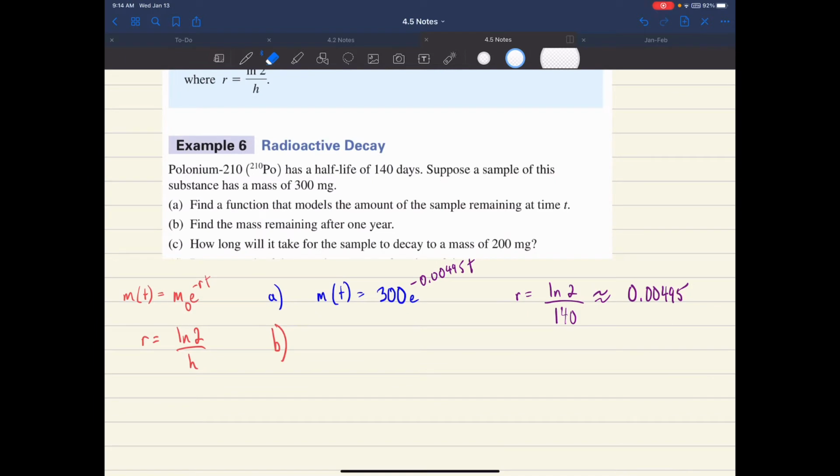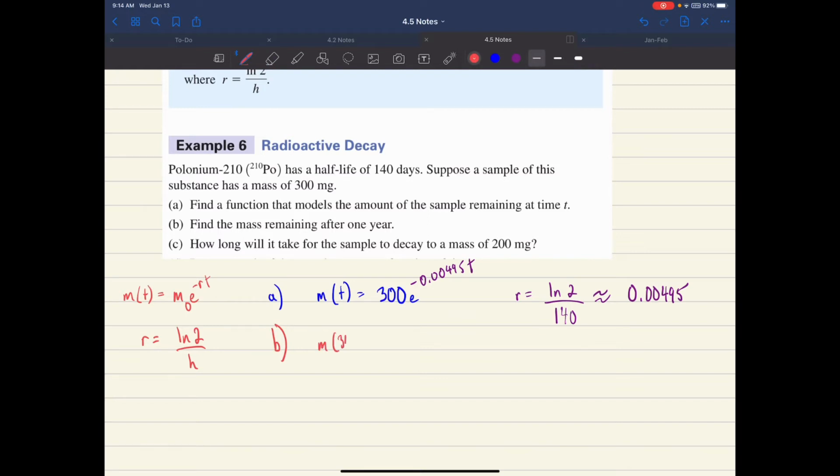For the B part, it says find the mass remaining after 1 year. Notice that the half-life was given in days, so we would have to convert the year to days. So we're going to use 365 instead of 1. Let's go ahead and do that.